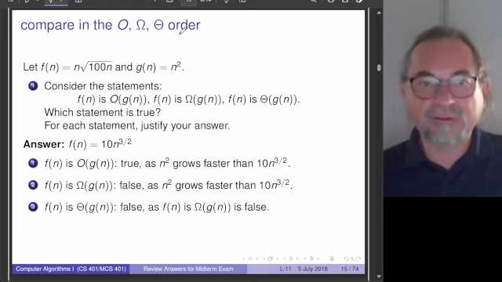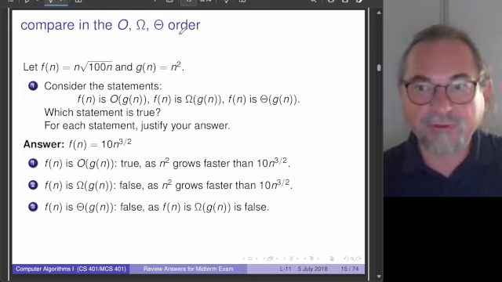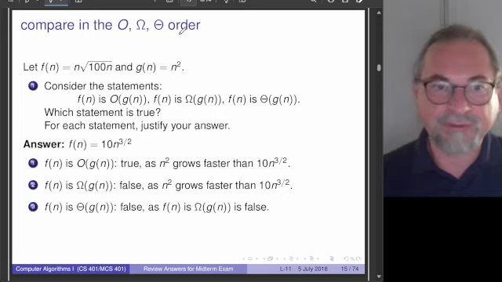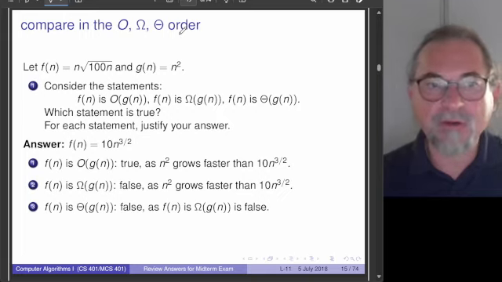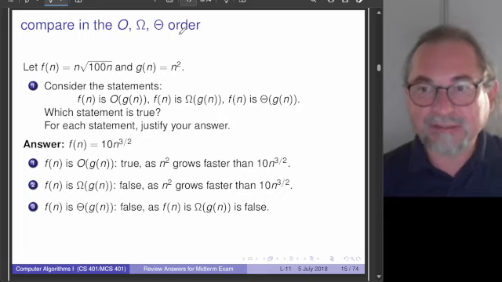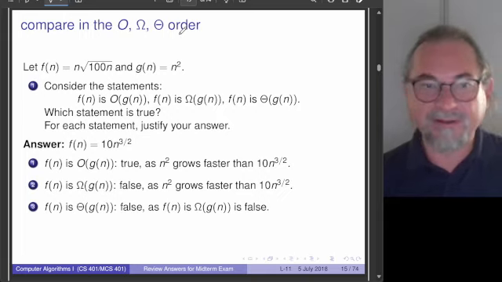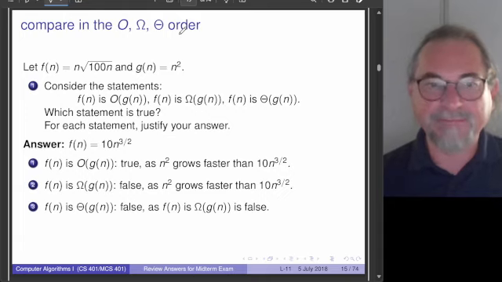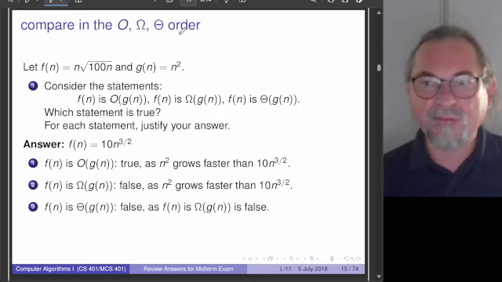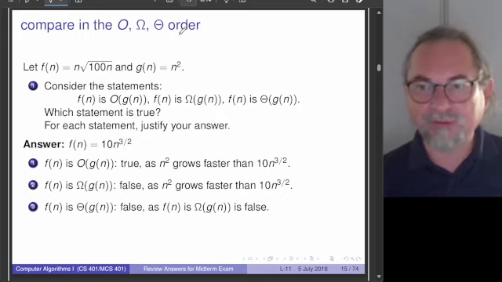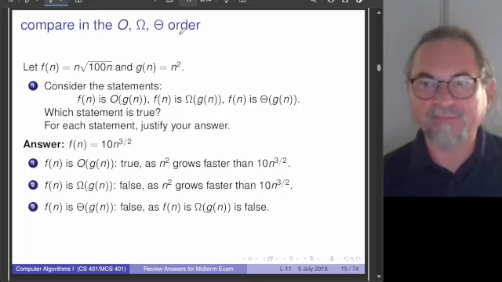Here is the answer to the first set of 3 questions. The answer is given by the simplification of the first function. We remember that a square root is a fractional exponent, n to the power 1/2.